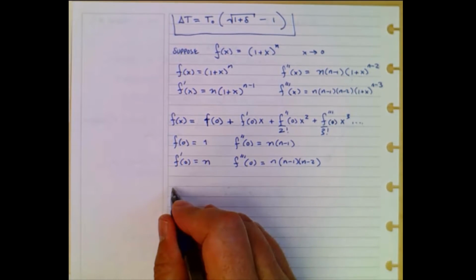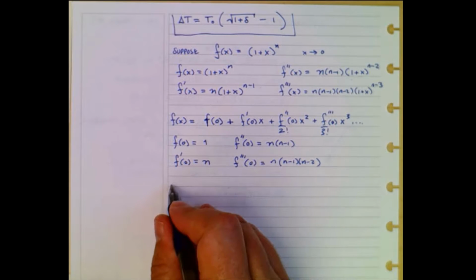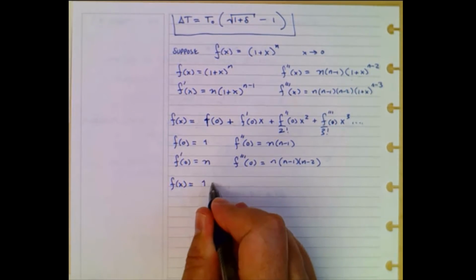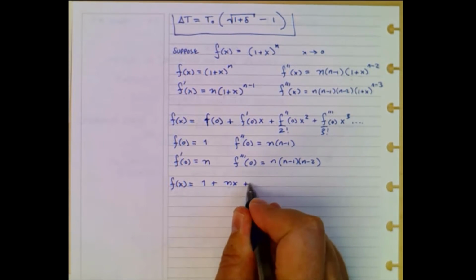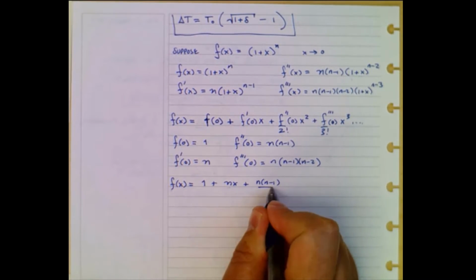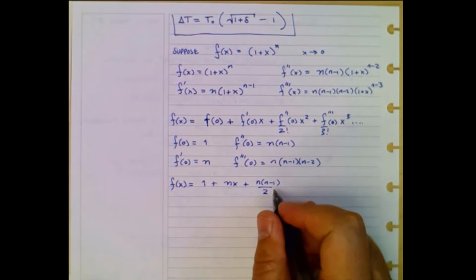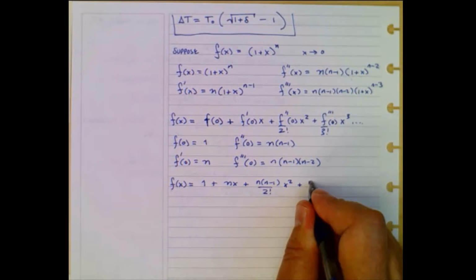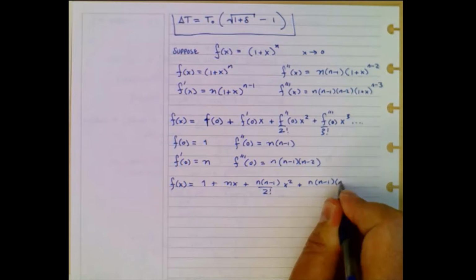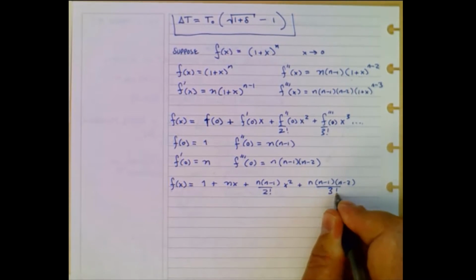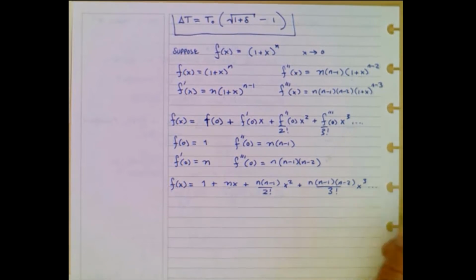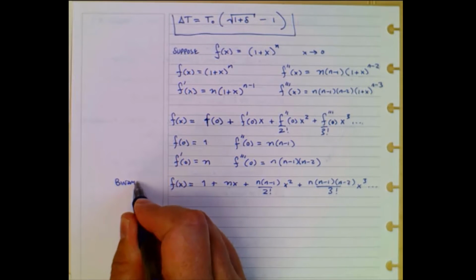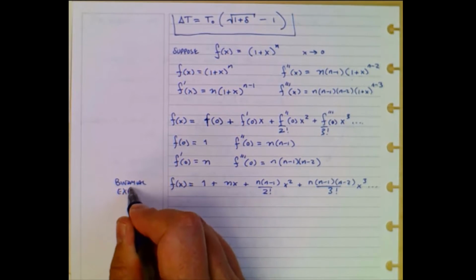And so what we get is the binomial expansion, which looks like f of x equals 1 plus nx plus n times n minus 1 over 2 factorial times x squared plus n times n minus 1 times n minus 2 over 3 factorial x cubed, and so forth. Very famous binomial expansion.